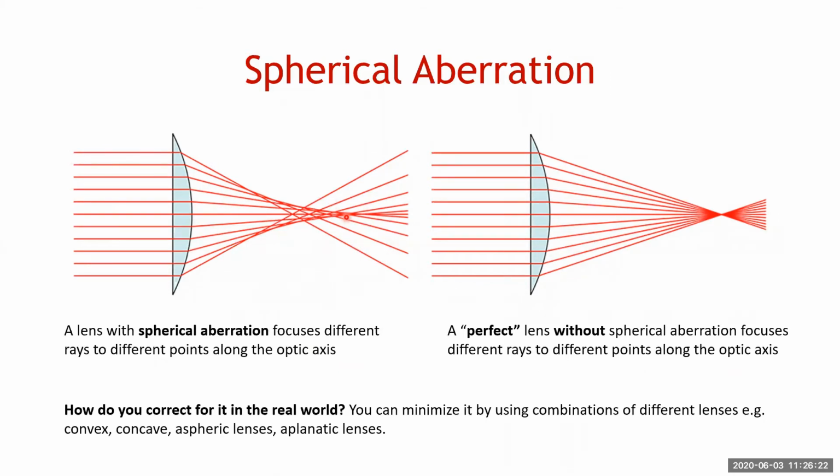If you had a perfect lens, like the diagram I showed you before, it would focus all of the different rays of light into a perfect focal point, an F. Of course, in the real world, there's no such thing as a perfect lens. So how do you correct for this? You use a combination of different lenses before and after to help all those rays come to a better F location. That's how you deal with spherical aberration.